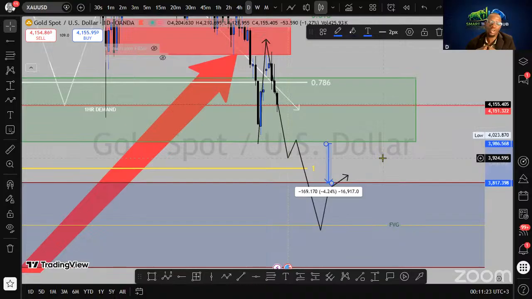So if you don't take correct risk management, that's why we so much emphasize on risk management, you're also going to lose that money instantly again. But if you take correct risk management, you're able to flip that account. There's no limit on the amount of money that you're able to make.